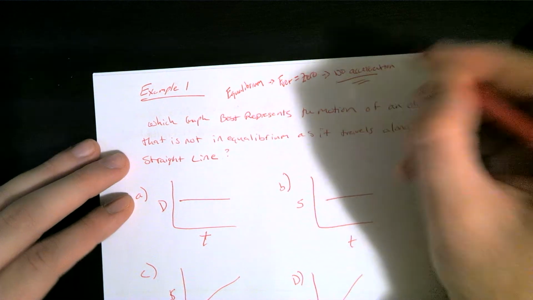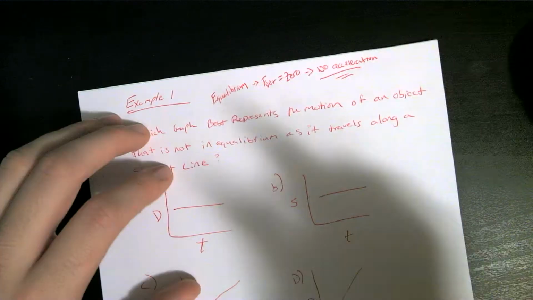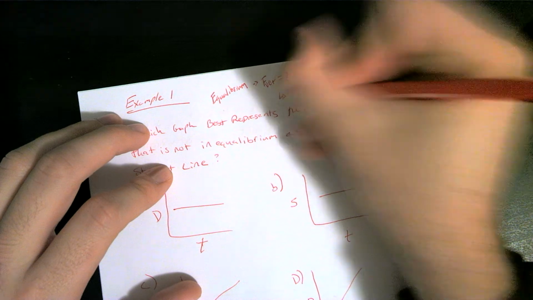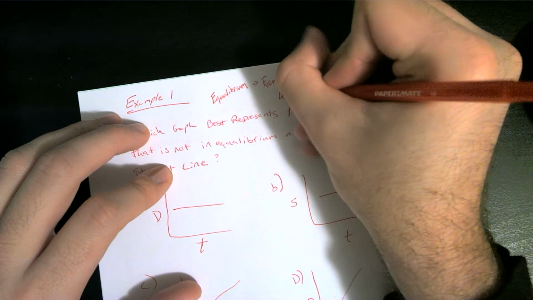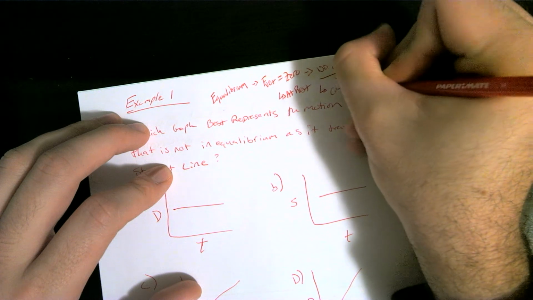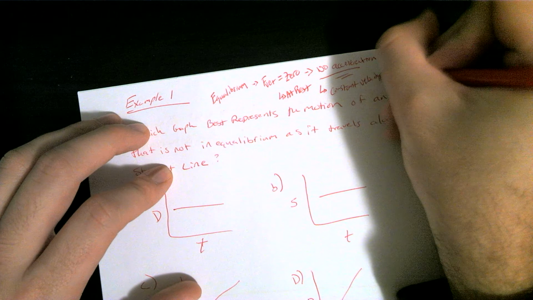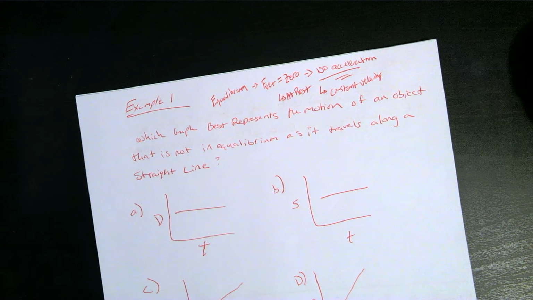So there must be no acceleration for an object to be in equilibrium. Well, we have 2 cases. What are the 2 cases again? You guys know, when something's at rest or traveling at a constant velocity. Those are the 2 cases where we have no acceleration.